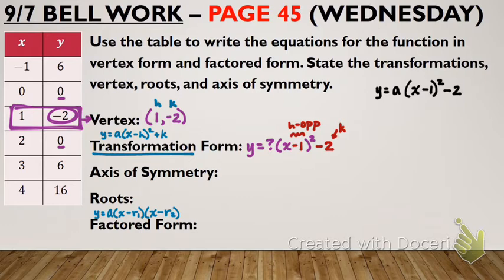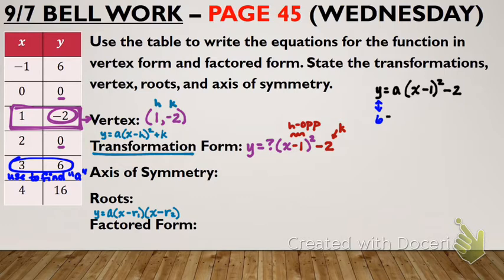Which one off the table do you want to use? (3, 6). That sounds good. So we're going to use this to find a. So what would I put in the place of the y? 6.